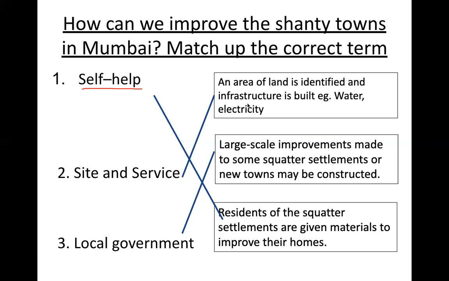New land is seen as a good site for people to live, and in this new land, things such as water, electricity, gas, internet, sewage are put in. And local government is when improvements are made, new towns are constructed, and this is all done by the government.